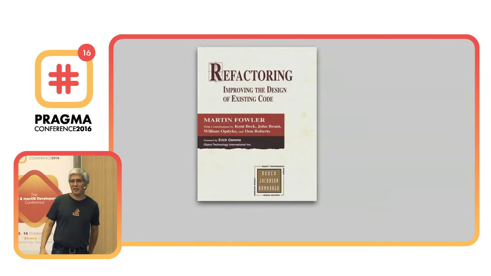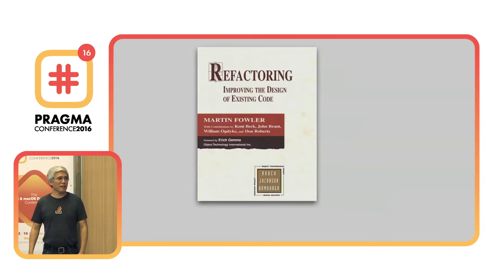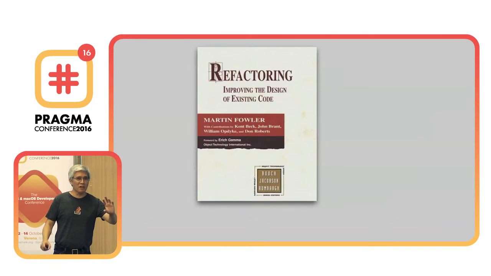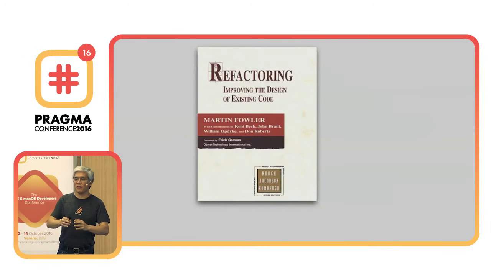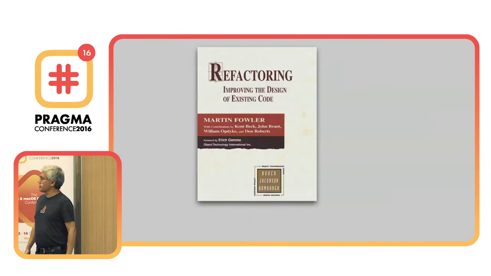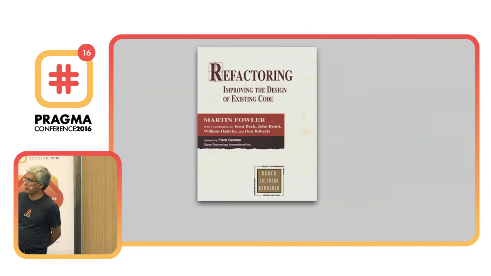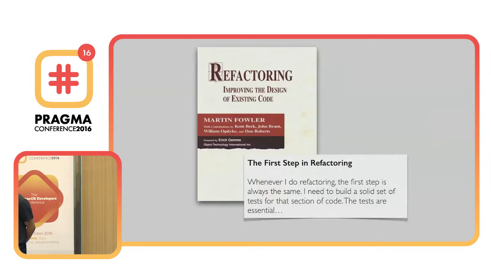You follow the book. The book explains so many refactorings from very small things like rename function to larger things such as getting away from a switch statement. And interestingly, chapter 1 of the refactoring book says, whenever I do refactoring, the first step is always the same.